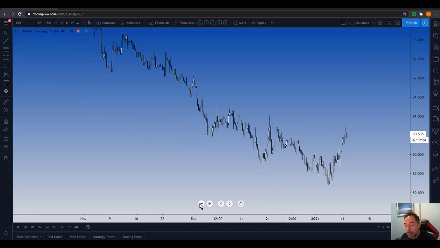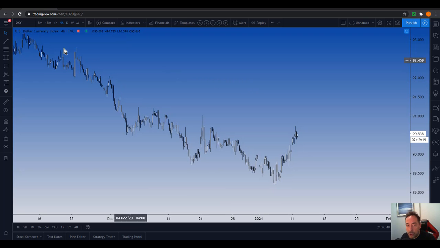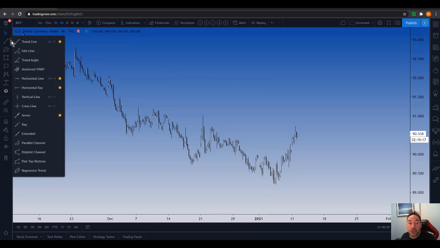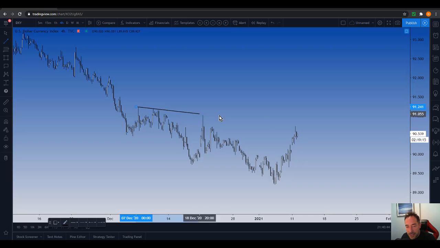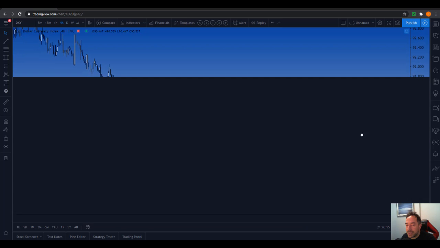Because we've had three days of buying momentum on the dollar, it could be a bit of a bigger correction. I want to see this descending resistance broken. We've come into that resistance and started to see sellers come off.